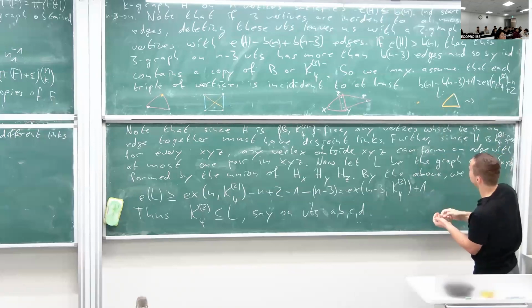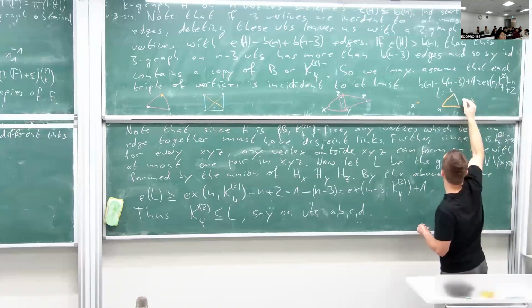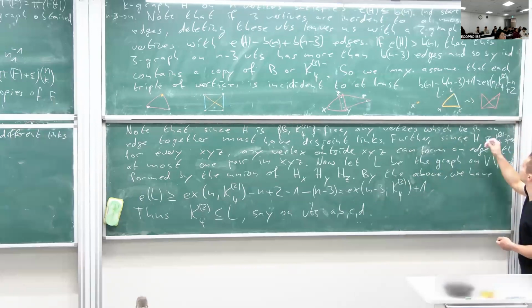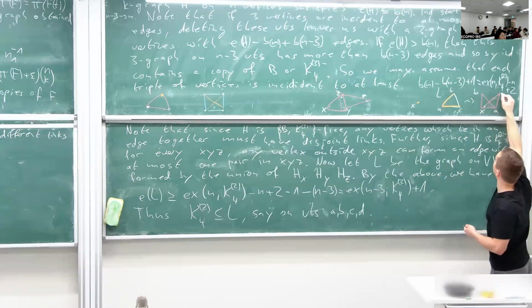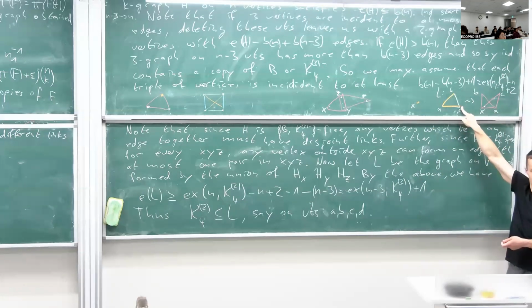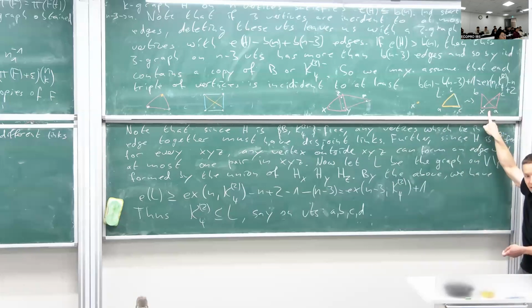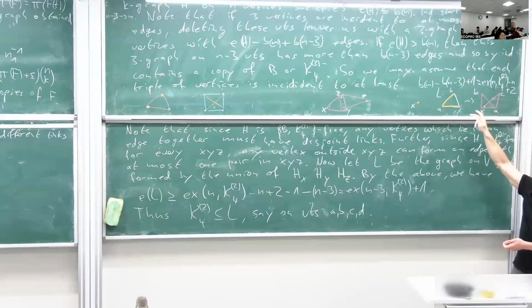So this means that if we call this one Bx, this is A, B, C. This means that in the 3-uniform world, so with our actual hypergraph, we have X, A, B, C. But also this thing is still contained in some edge. And that edge might either be formed with X, which would give a K4 minus, or it's formed with some of the other vertices outside here, which would give the B.